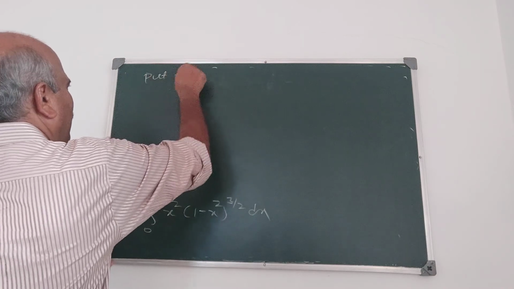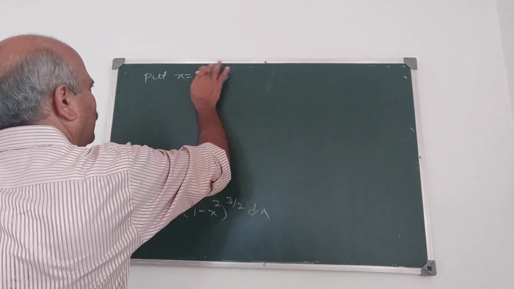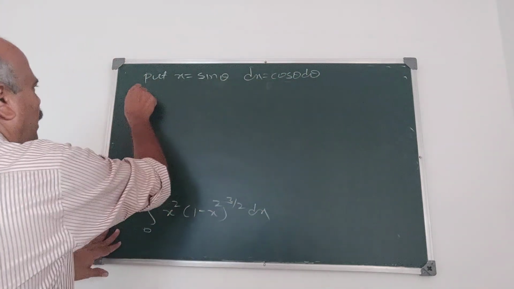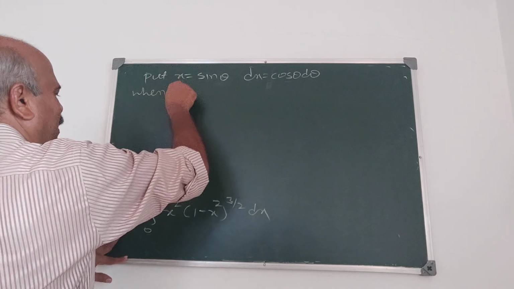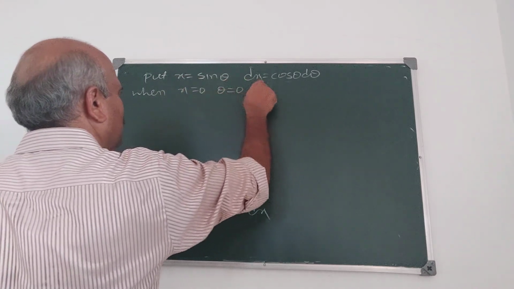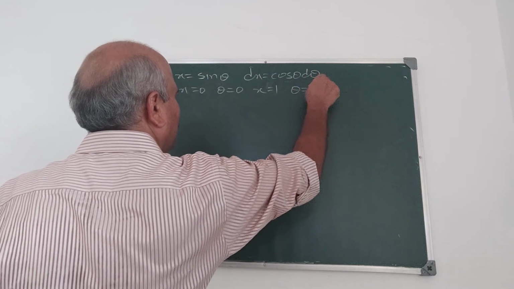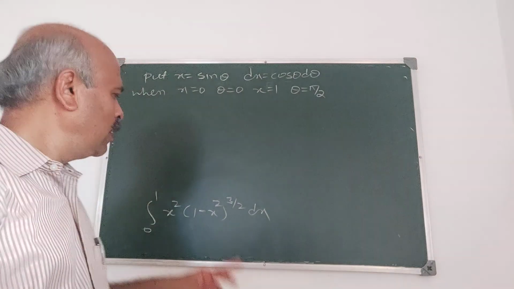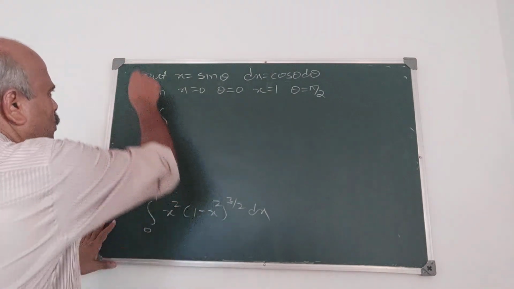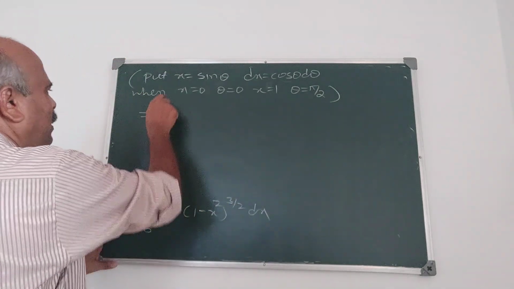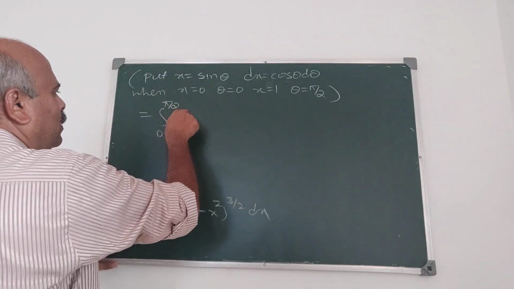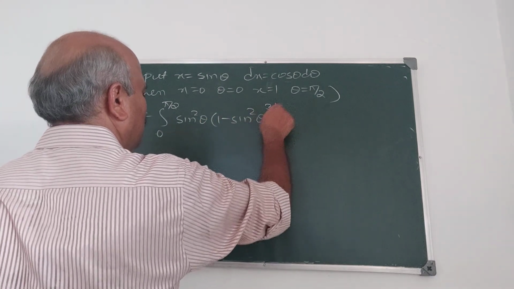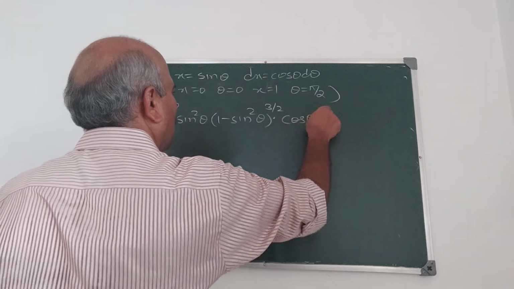Substitute x is equal to sin theta. Therefore dx is cos theta d theta. And limits change. When x is 0, theta is 0. When x is 1, theta is pi by 2. So this problem reduces to the integral from 0 to pi by 2 of sin square theta (1 minus sin square theta) raised to 3 by 2, and dx is cos theta d theta.